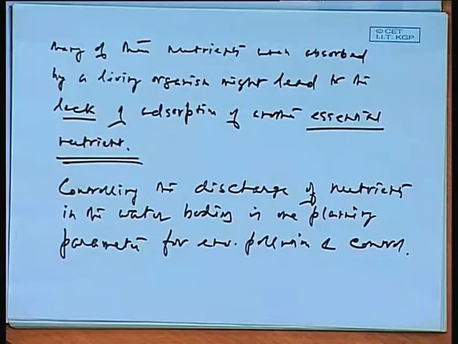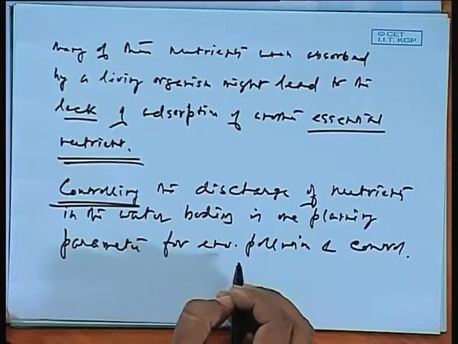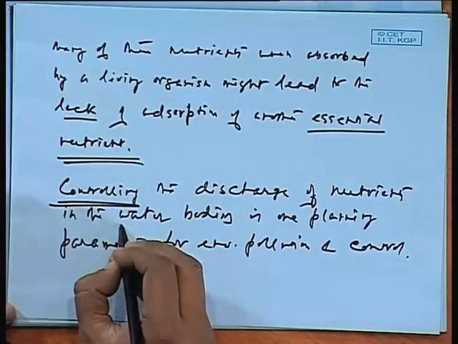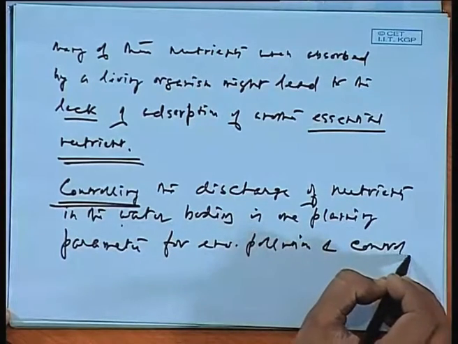Essentially, if you are trying to keep your water source good, drinkable or available for right use, you need to also control the discharge of nutrients in the water bodies. This remains as one important area of environmental pollution control.